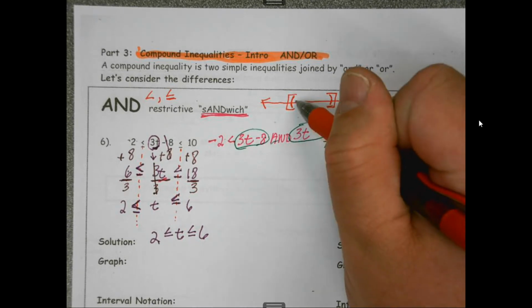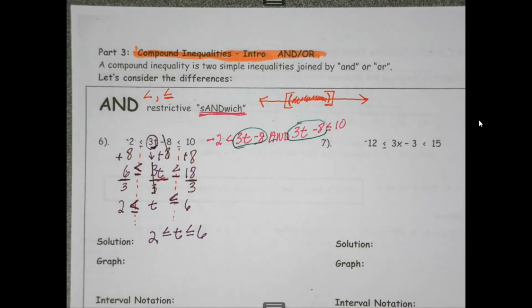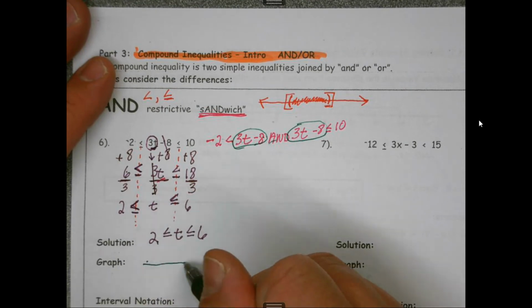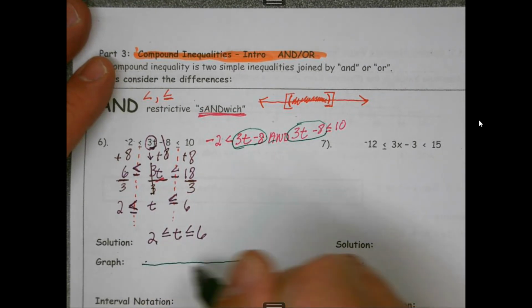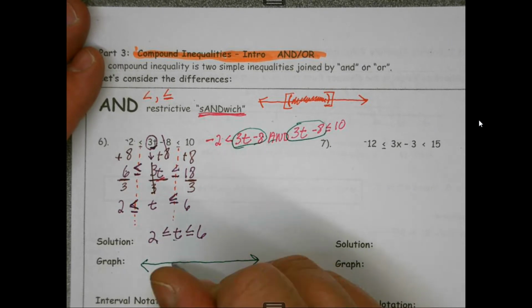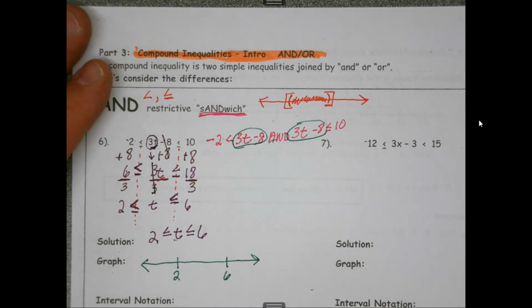So I'm going to go ahead and put my graph down here. It's in between 2 and 6. There's my 2, there's my 6, and it's in between. Since this has an equal sign, it's a bracket.